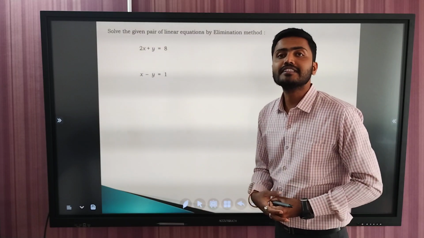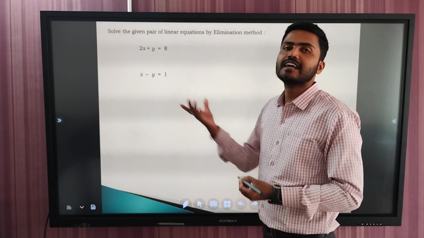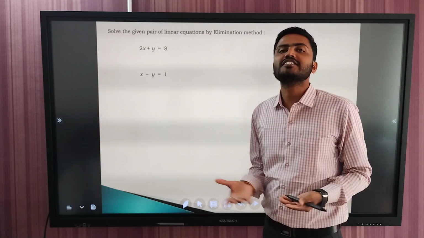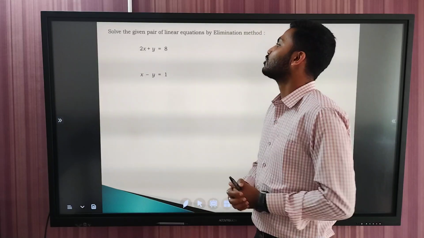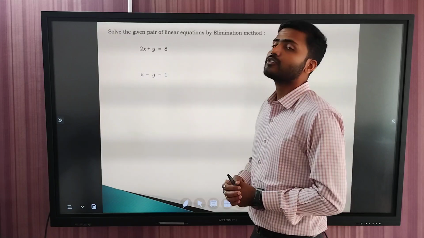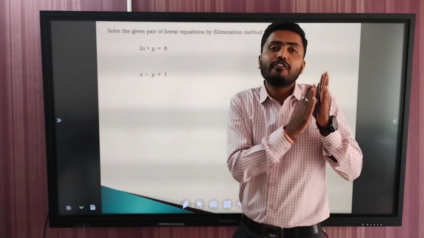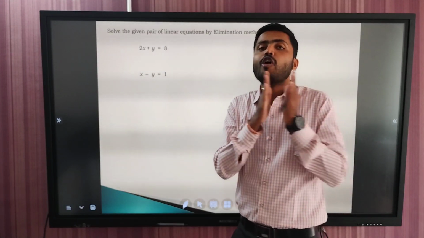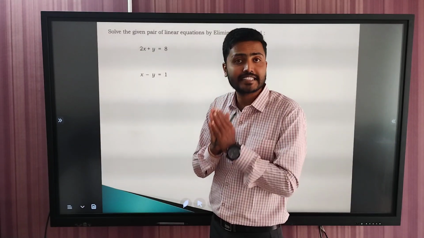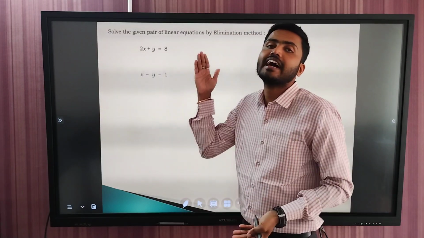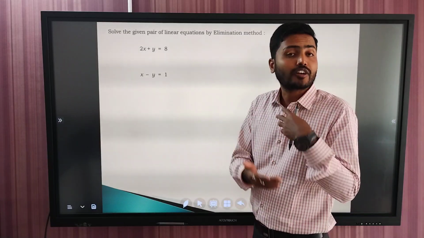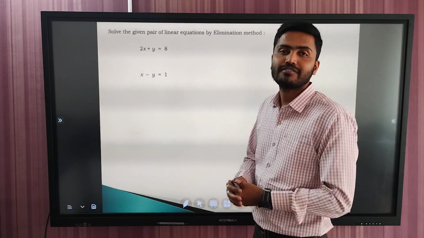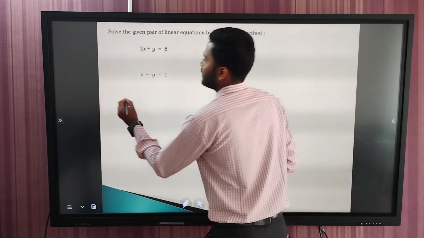So now can anyone please tell me how do I start with this? So what should I see first? Yes, absolutely correct. So firstly we are going to check whether the coefficients of x are the same or the coefficients of y are the same. If they are the same, we will either add or subtract to eliminate one variable, and if they are not the same, let's see what we can do, right?